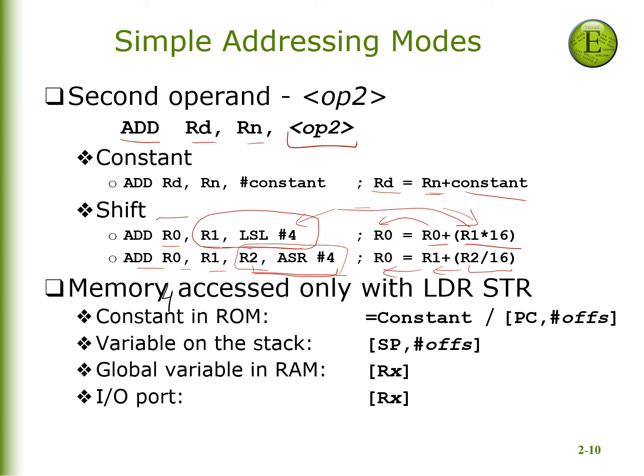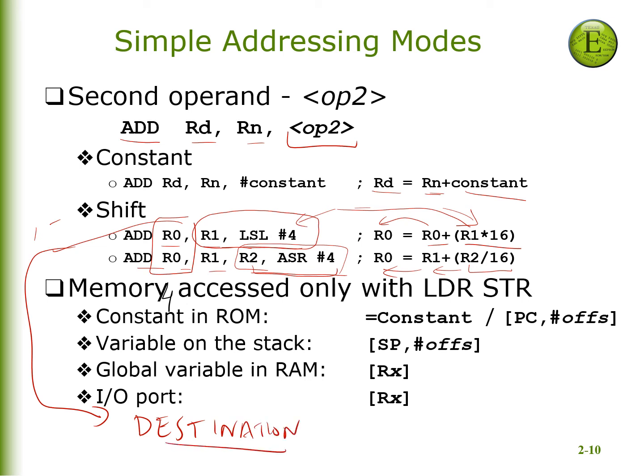Remember, the leftmost register turns out to be the destination register, if specified. That's where the result is going to be stored. Inside the microprocessor, you can only store the result inside a register. You cannot have a memory location or an address. So that has to be some register over here.